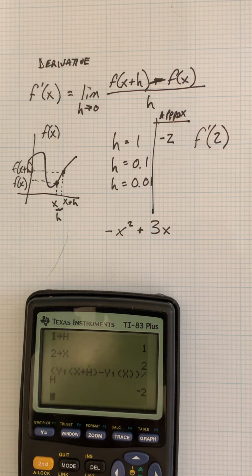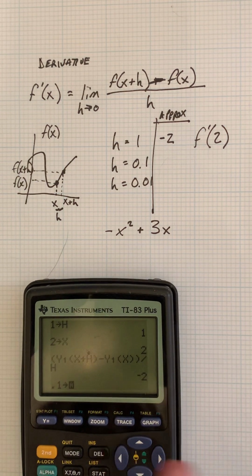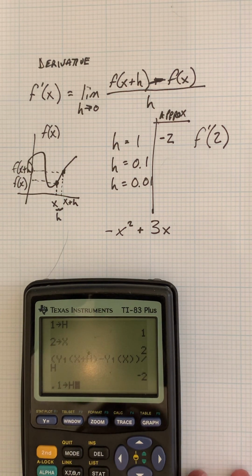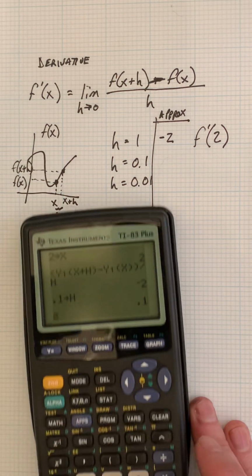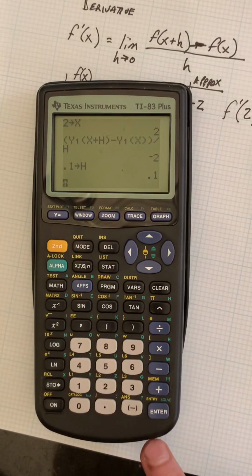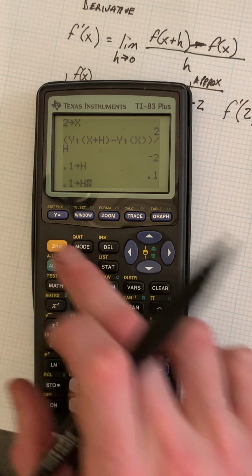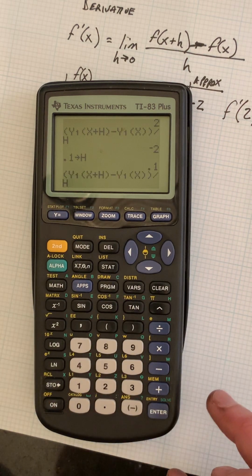So let's do 0.1 for h. Do that, and instead of retyping everything we did, we can do second entry down here. And we have to do it twice to get back to this one.